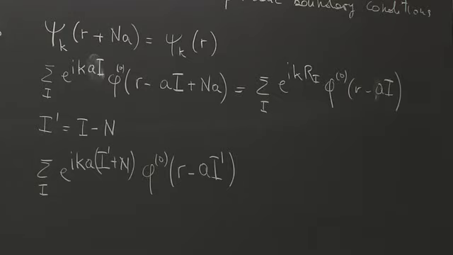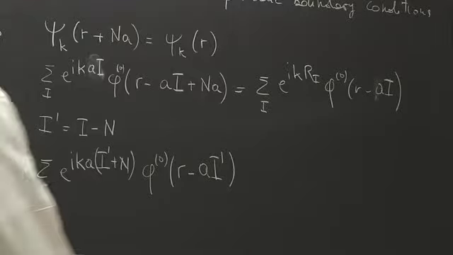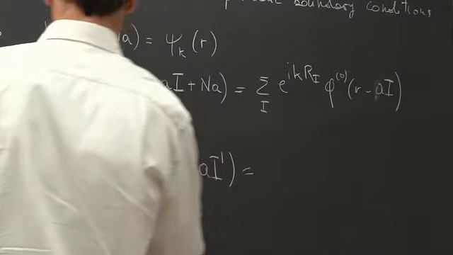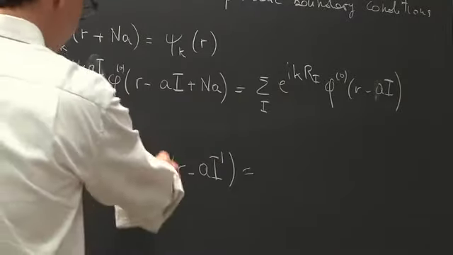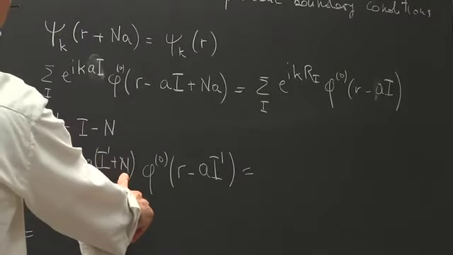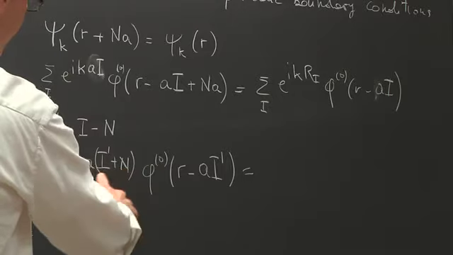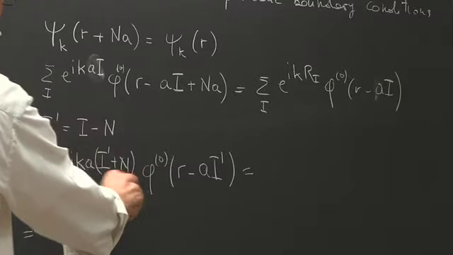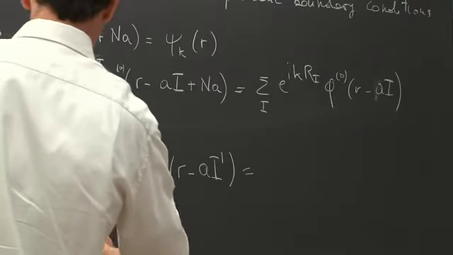Okay? I'm continuing to expand the left-hand side of the equation. I'm actually now taking out this N, because this e to the i k a N is a constant, so I can take it out of the sum.